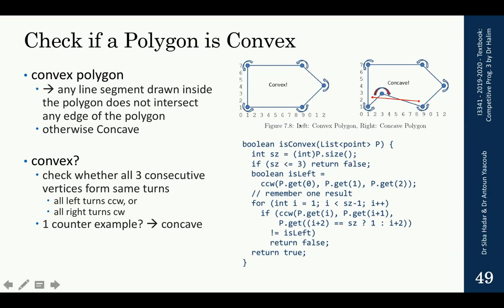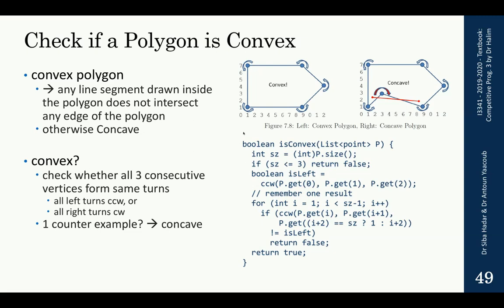How do I do that in code? This is the function. I say function because this is not object-oriented programming. This is a function. It takes a polygon, a list of points, and it returns true or false depending on whether this is convex or not. How do I proceed? I take the polygon size, and if the size, first of all, is not at least 3, this is not going to be a polygon in the first place.